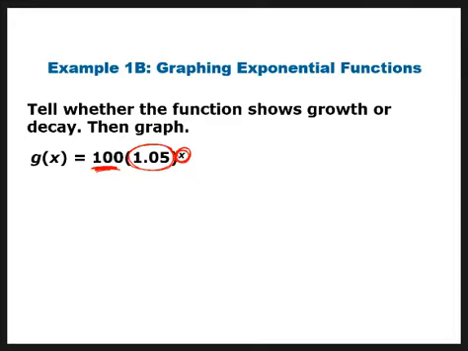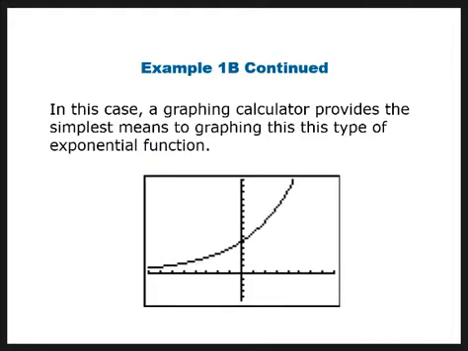You could get a list of points that would be on your graph. But again, because it's a decimal, using a graphing calculator, or using a calculator at any point to help you figure out those output values, would probably be your best bet.